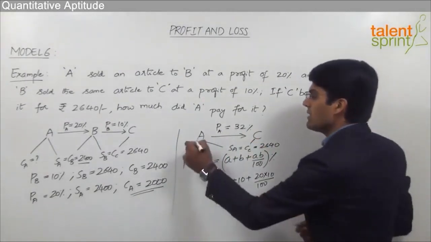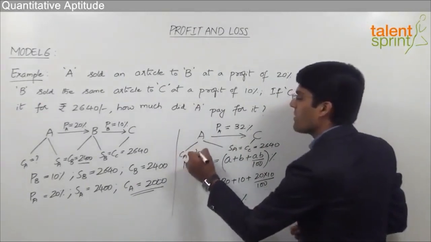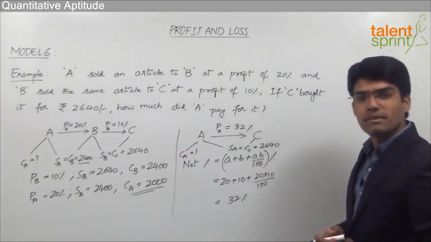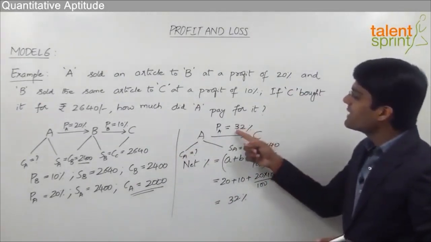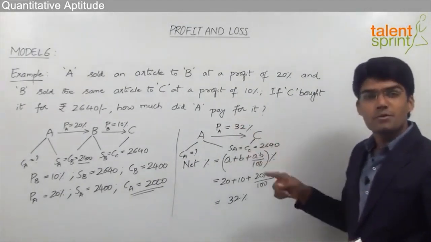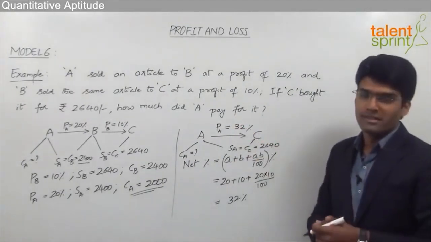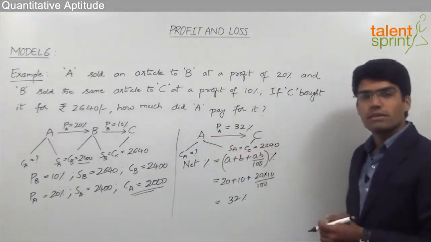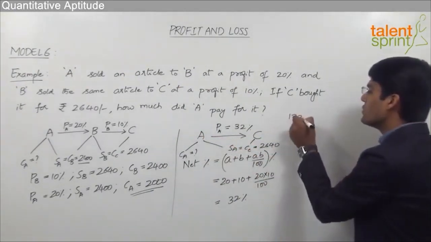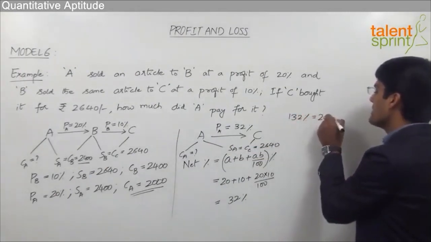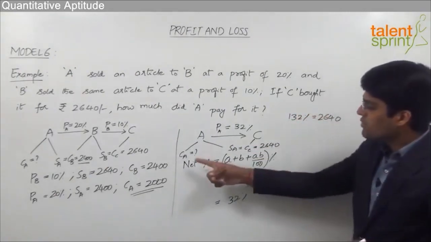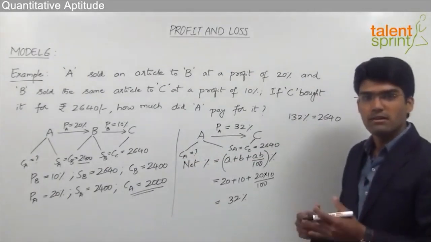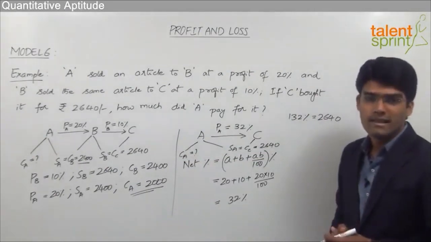So we can find out the cost price of A with the help of a simple cross multiplication. That is, if the profit is 32%, selling price has to be 100 plus 32, 132%. And that selling price is equal to 2640. So we can say that 132% is equal to 2640. And we are supposed to find out the cost price. As we have learned, cost price should always be taken as 100%.